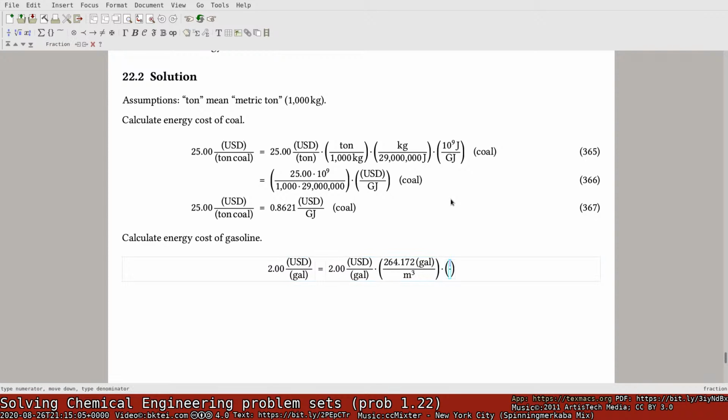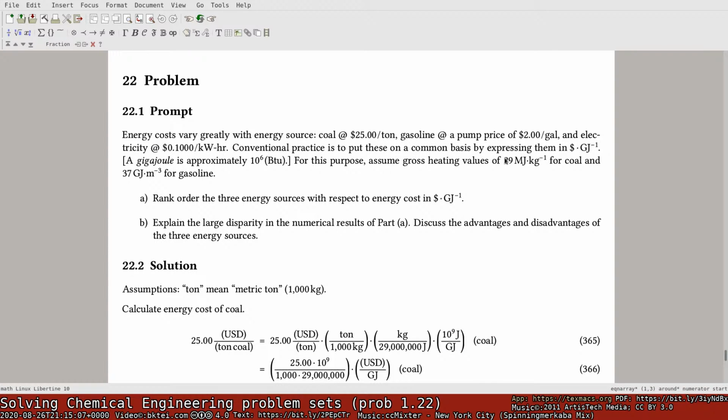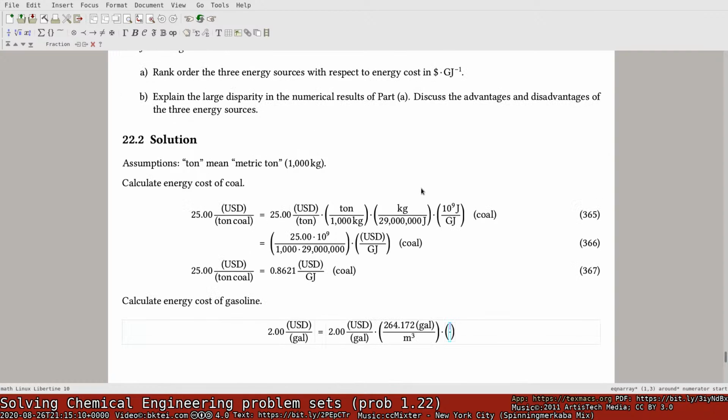Now we need to apply that 37 gigajoules per cubic meter.